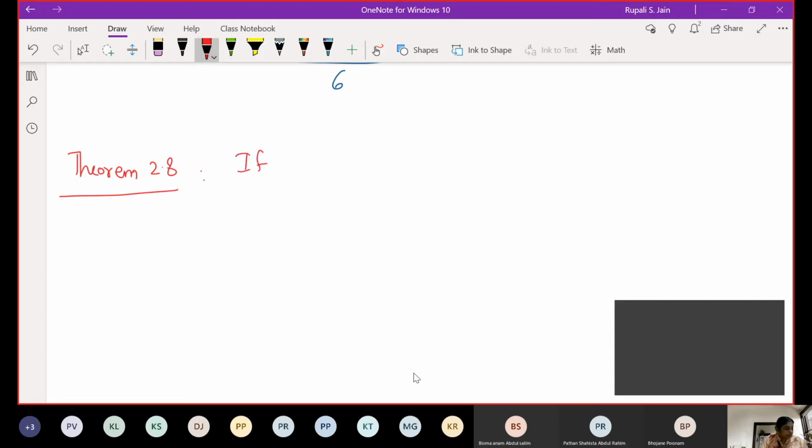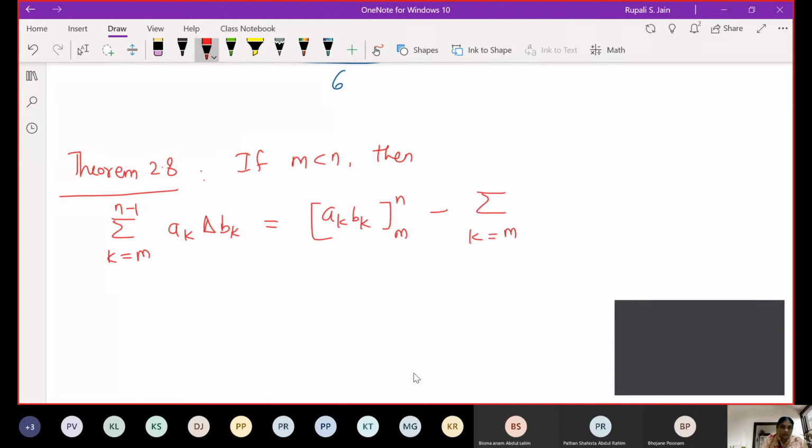It says, if m is strictly less than n, then the summation for k equal to m to n minus 1 of a_k delta b_k is a_k b_k from m to n, minus the summation for k equal to m to n minus 1 of delta a_k b_(k+1).